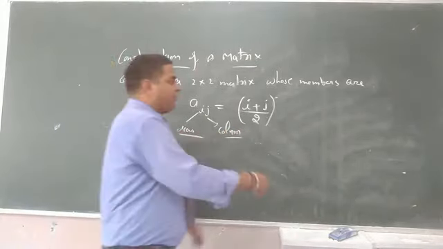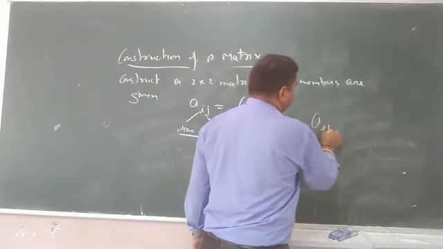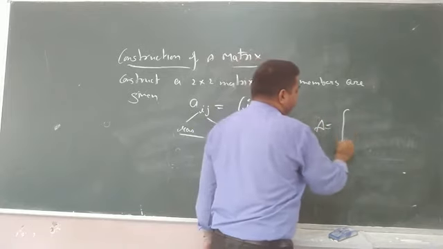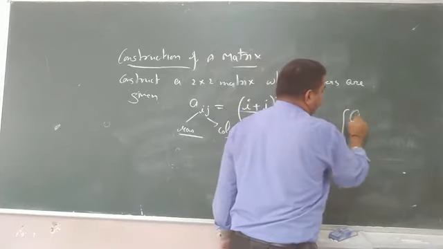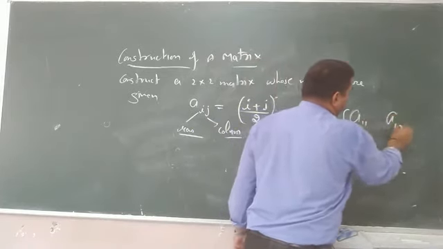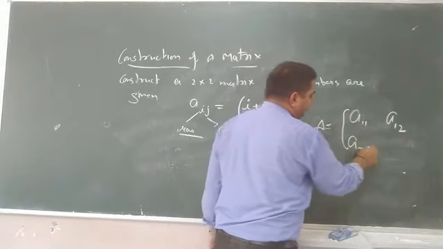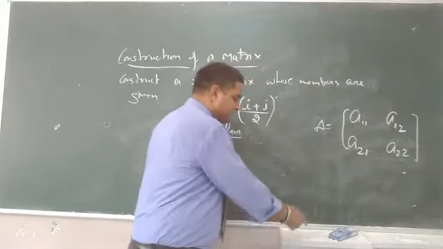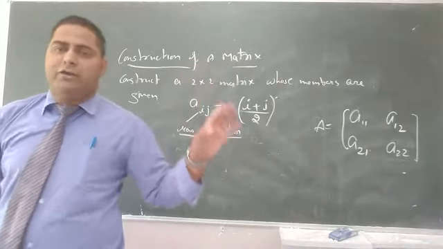First we write on the left side Aij. Or we say, let us write a matrix A having members A11, A12, in general form, A21 and A22. This is the general form of a 2 by 2 matrix.